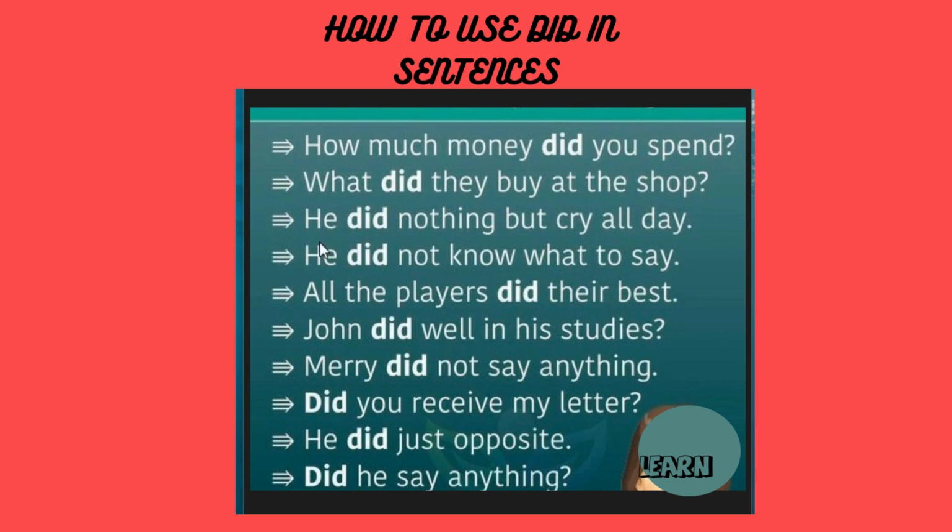And the next one: he did nothing but cry all day. It can be a baby or anybody, but he means that person. So this person did not do anything except crying.